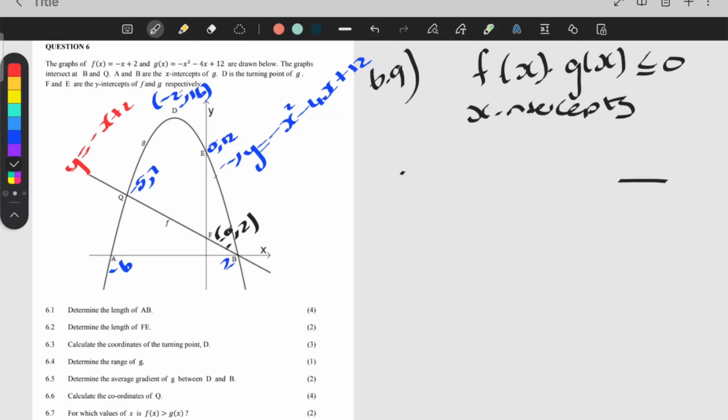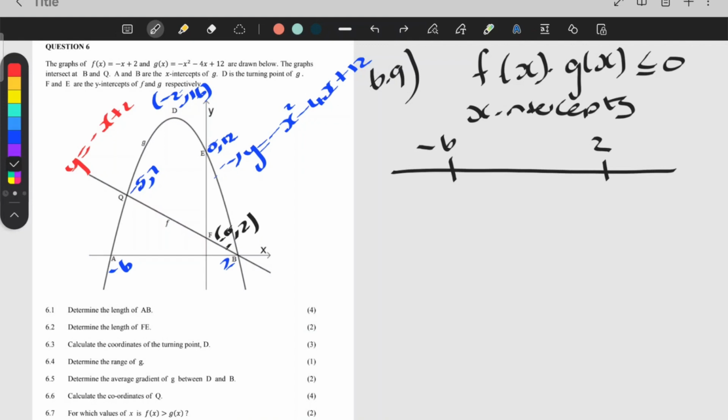So on a number line, the smallest x-intercept is -6. And the bigger one is 2. And there's no other x-intercept. So I'm going to ask myself, what happens before, between, and after? Plus, minus, plus, minus. But because there's a 0, it's not a point of intersection.